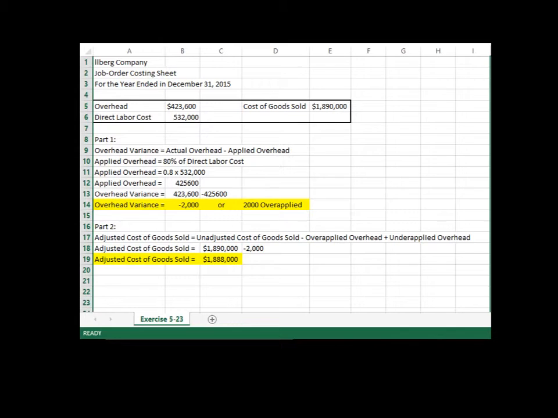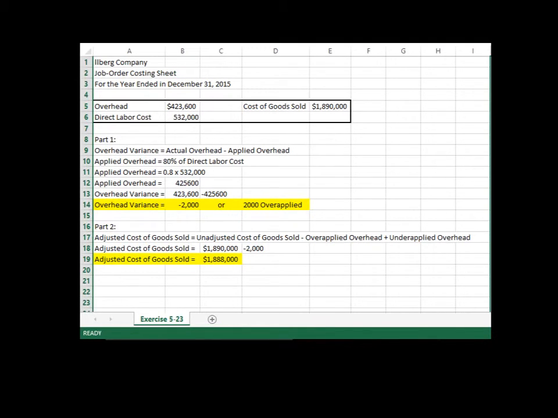In order to complete part 2, which is to dispose of the overhead variance to get the adjusted cost of goods sold, I use the given cost of goods sold right here. So right here is the given cost of goods sold, and I left the over applied because it's overhead.